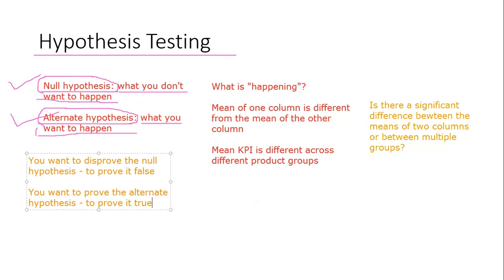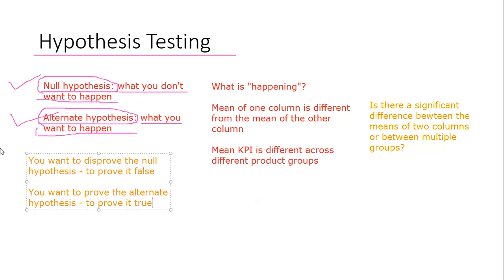Do you understand what I mean? So what you want, first you declare a null hypothesis and then you declare an alternate hypothesis. The null hypothesis you would want, aapki khwahish ye hai ki yaar wo false ho jaye, because then that means nothing for you. If there is no difference between the average age of men and women, then it just does not add anything to the analysis, right?